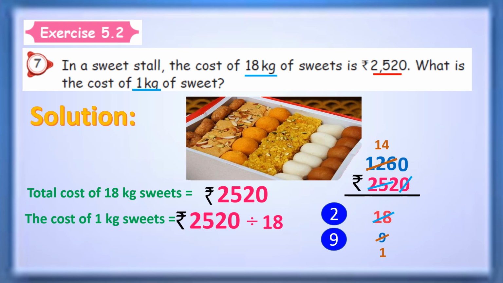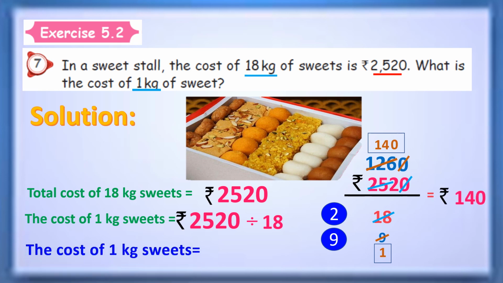So this also you can check, and join that one more 0 with that. So remaining is 140 divided by 1. That's it. So rupees 140. Therefore, the cost of 1 kg of sweets is equal to rupees 140. Now it's easy, I think. Okay, all the best.